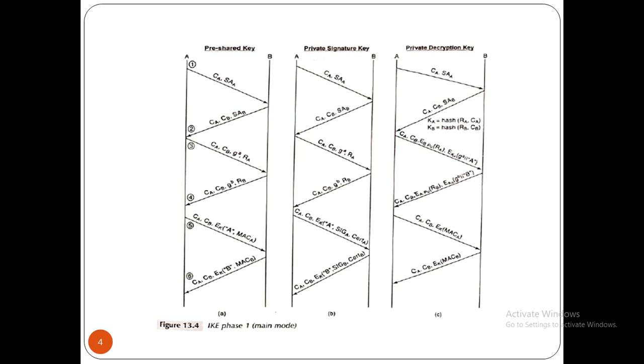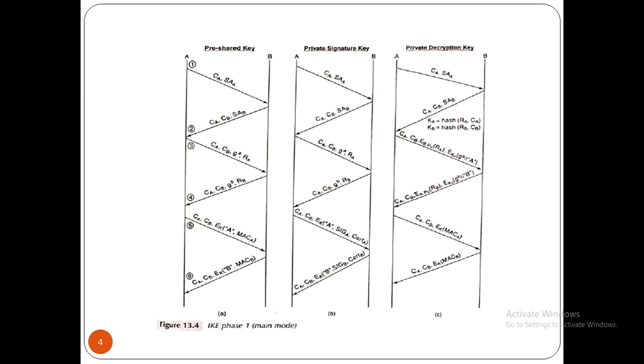Now here I would like to bring to your knowledge the main mode and the aggressive mode. The aggressive mode we are going to discuss later. Phase 1 uses one of two modes, either main mode or aggressive mode. Main mode involves a total of 6 messages exchanged between the initiator and the responder.